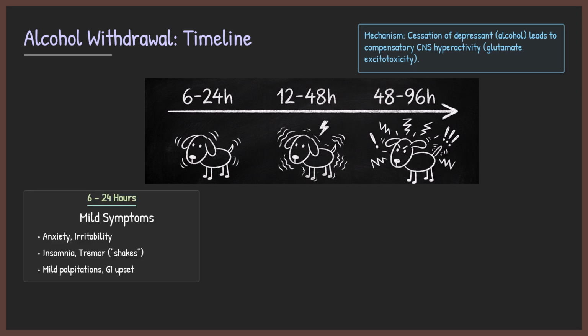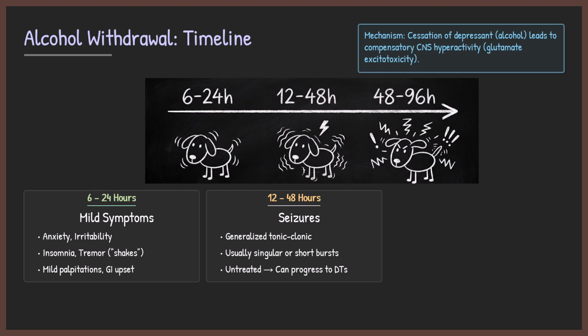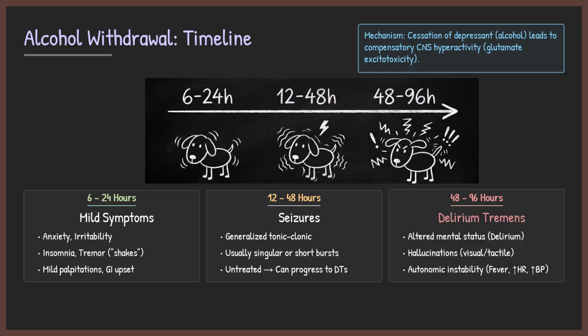So in the first 6 to 24 hours, you're going to see mild symptoms. That's going to be anxiety, irritability, insomnia, tremor. But then you get into the danger period, and that is the 12 to 48 hours when they can have seizures. Now, they can have seizures at any time, but this is the most dangerous time for seizures. You also worry about the 48 to 96 hours.